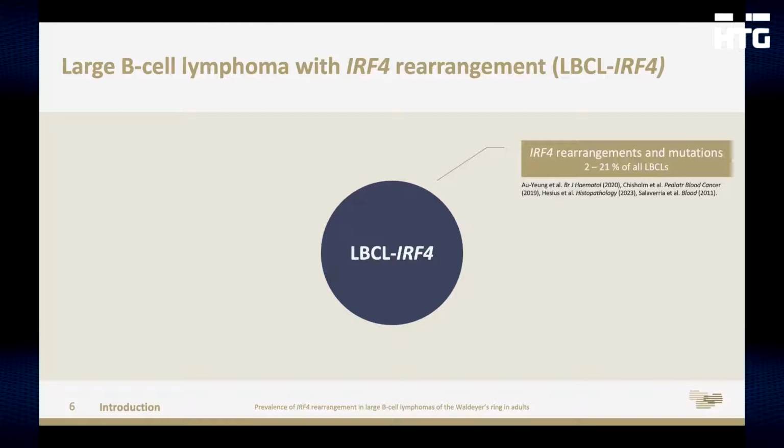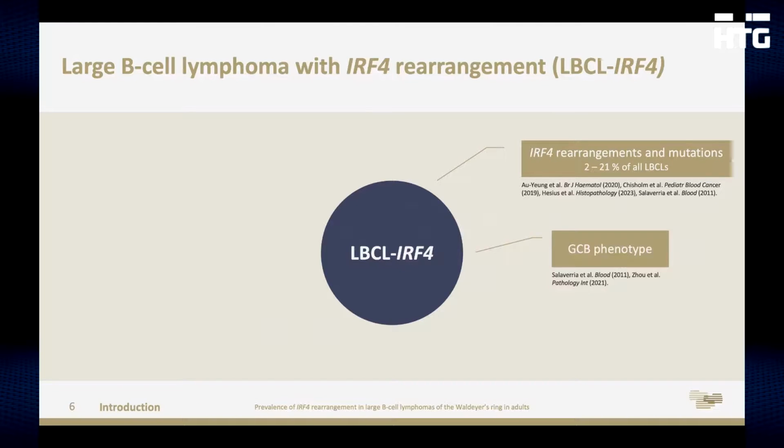First of all, the characteristic IRF4 rearrangement, which defines this entity, can be found in 2 to 21% of all large B-cell lymphomas. Those cases with the translocation of IRF4 are most likely to also carry IRF4 mutations due to the translocation into the IgH promoter and the consecutive aberrant somatic hypermutation.